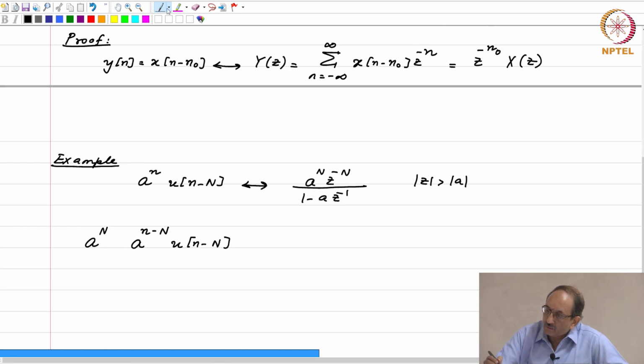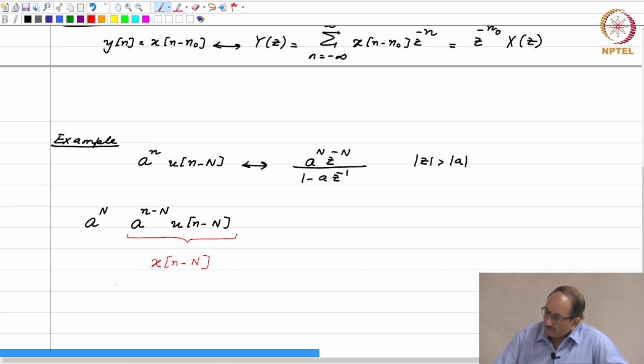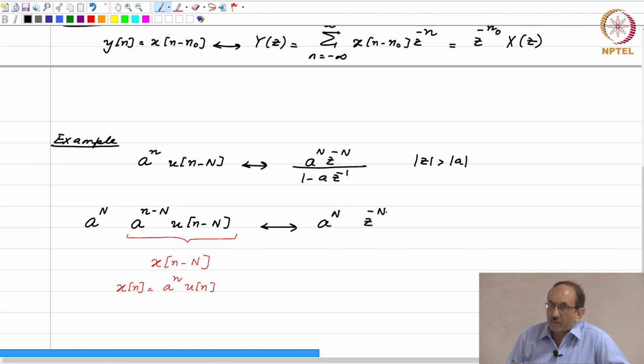So, you can think of this as x of n minus cap n, where x of n is a to the n u of n, and hence you are able to see that a to the cap n times x of n minus cap n has z transform z to the minus cap n times x of z.